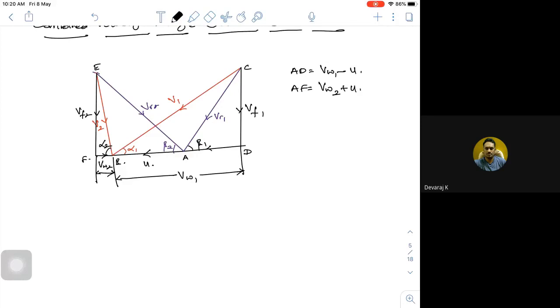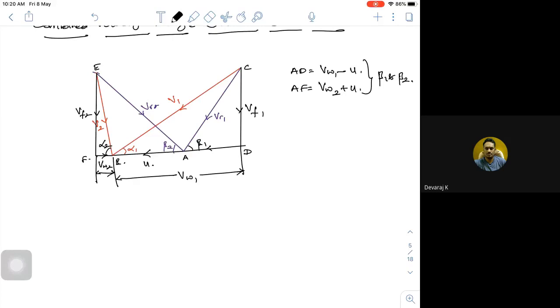If I take cos beta 1 or sin beta 1, or cos beta 2 or sin beta 2, then we'll be taking VW2 plus U or VW1 minus U. This becomes very critical for beta 1 and beta 2 calculations when solving numericals.